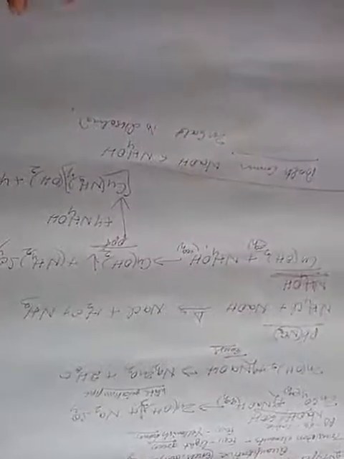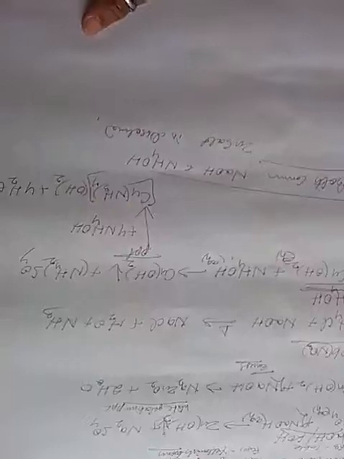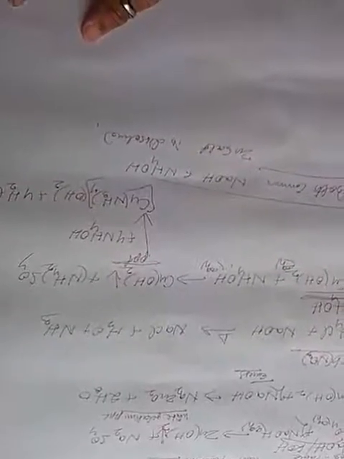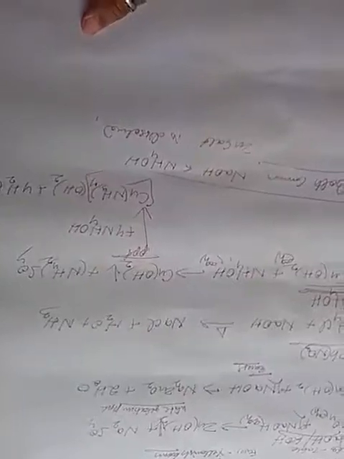Okay, then next topic is action of alkali on certain metals. Do you know when metal is added with the dilute acid, it gives hydrogen gas? So some metals show the properties of amphoteric nature. Amphoteric means when added with a base, it gives salt and water, and also with acid it gives salt and water.